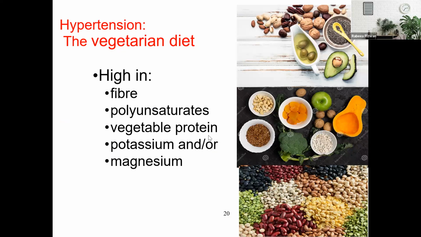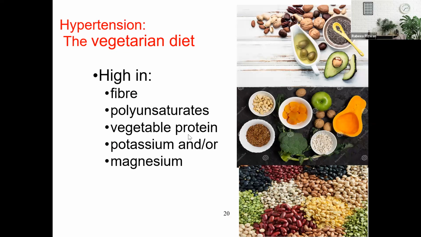Now, another intervention is through the vegetarian diet. If someone is vegetarian, how? Yes, still the diet can be modified by means of what? By taking a high fiber diet, fiber by means of whole grains, polyunsaturated fats like avocado and olive oil, nuts like peanut, almond, then vegetable proteins.